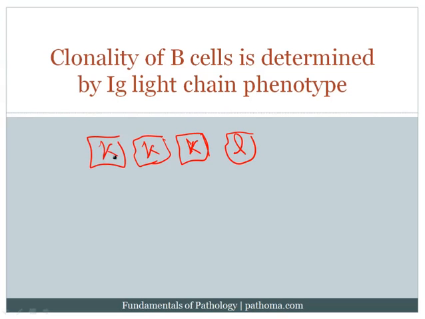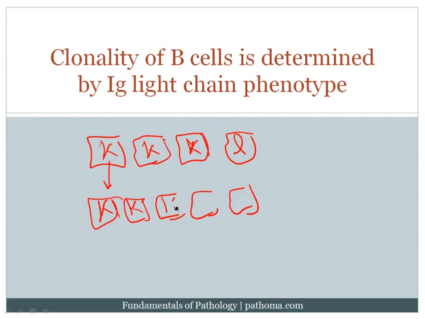Now when the patient gets a neoplastic proliferation, i.e. a lymphoma, 1 cell is going to be making all of the malignant cells. And so what's going to happen is we're going to get a massive excess of kappa, okay? And of course there will still be some lambdas, but the kappa to lambda ratio, instead of being 3:1, will become something like 20:1.